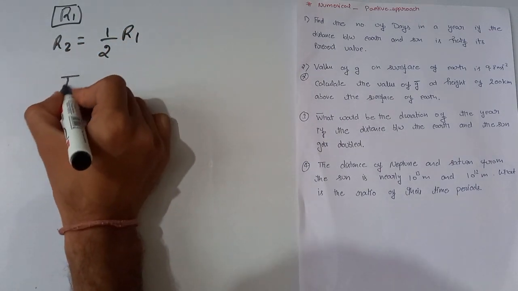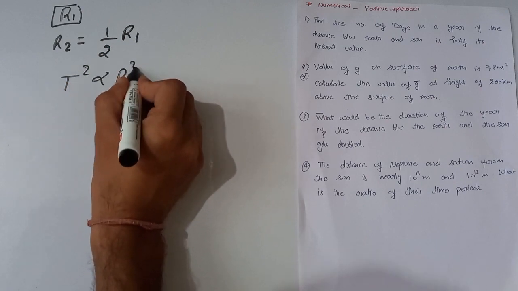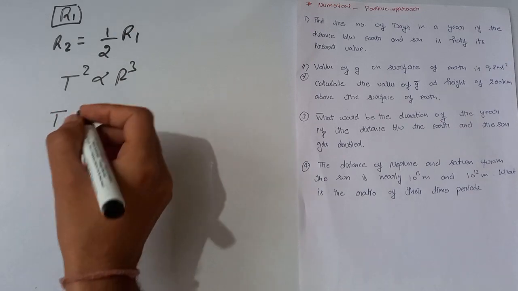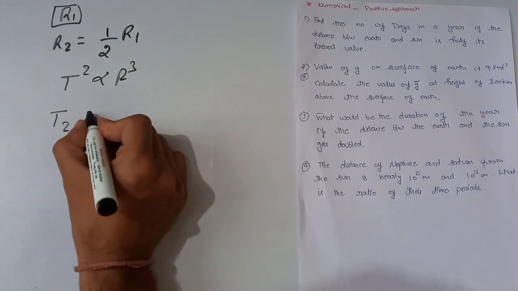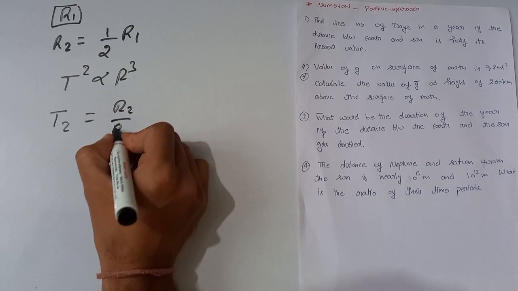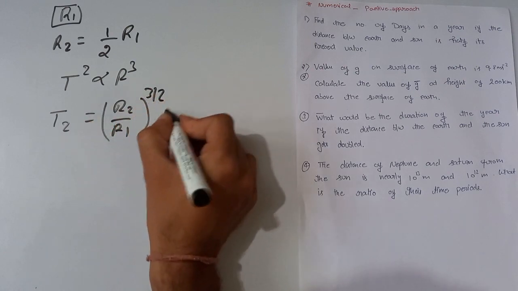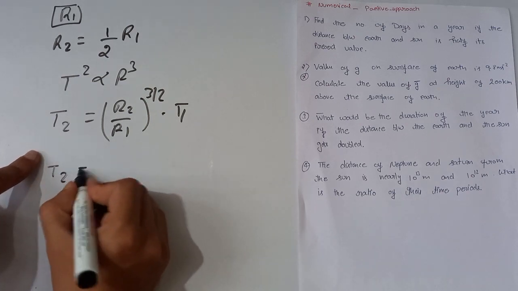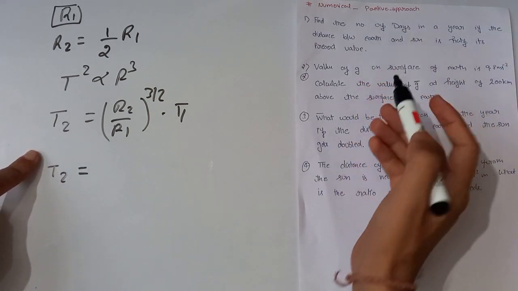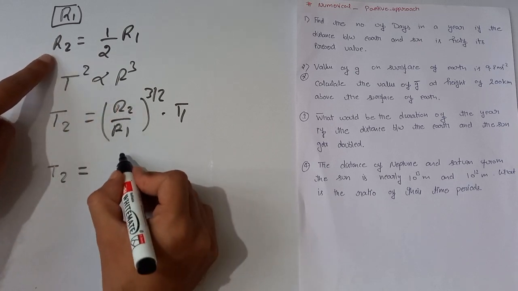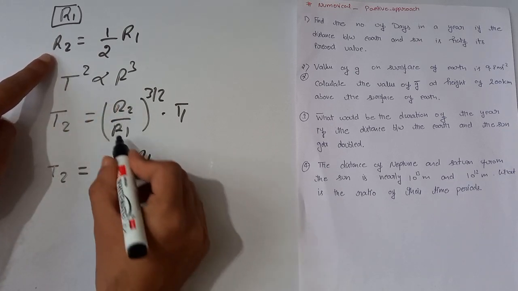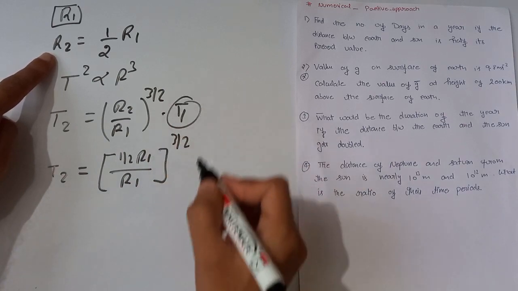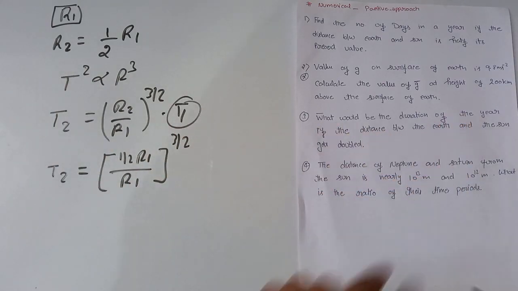Now we know that T squared is directly proportional to r cubed. What does this formula imply? We know that T2 is equal to (r2 divided by r1) to the power 3/2 into T1. Here T2 is the time period, so we have to calculate the number of days. r2 is 1/2 r1, and the value of T1 is 1 year.